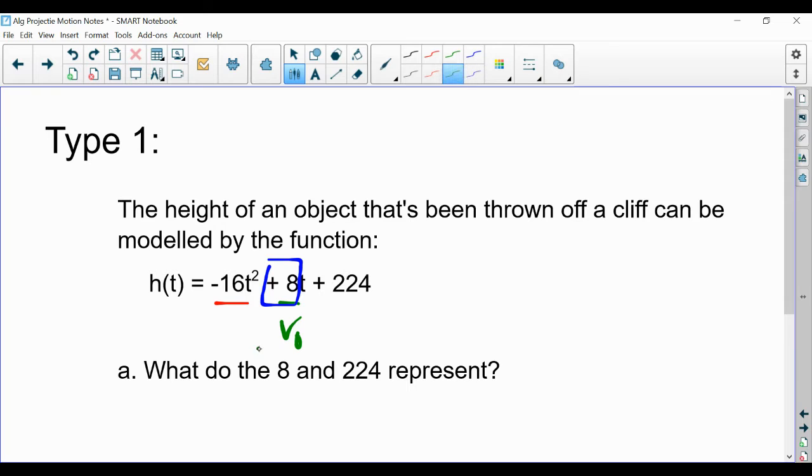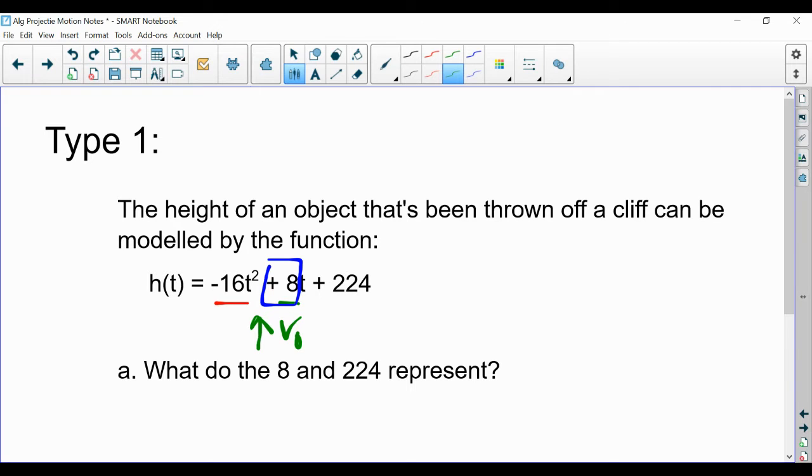Since it's positive 8, that means that it is being thrown upwards. Speed can just be, okay, it's 8 feet per second, but velocity is speed with direction. And since the 8 is positive, the direction that it's traveling is upwards. So this is an initial upward velocity.